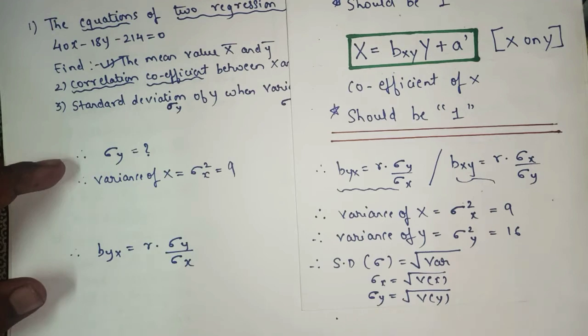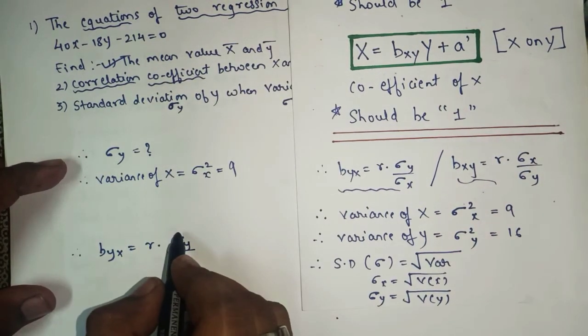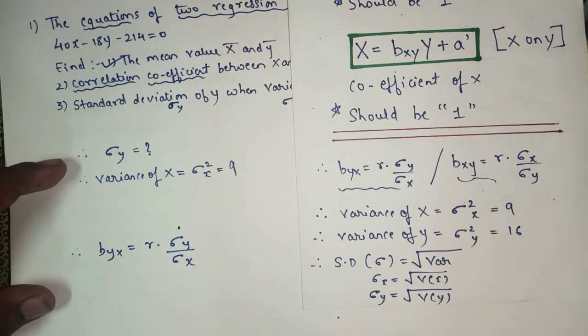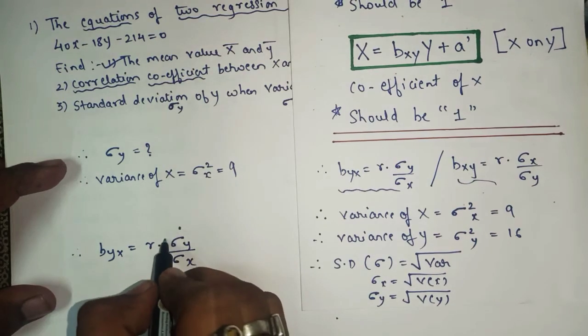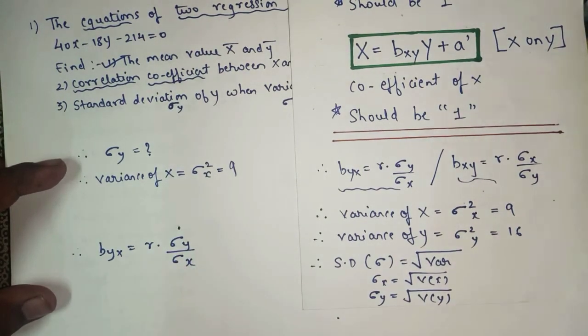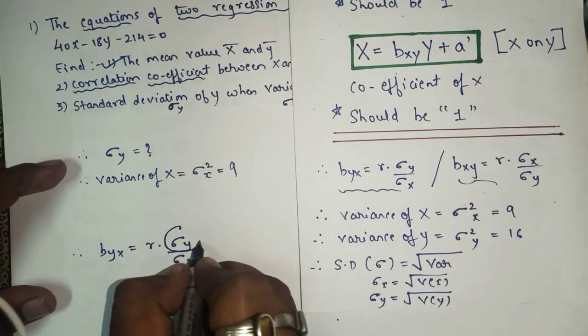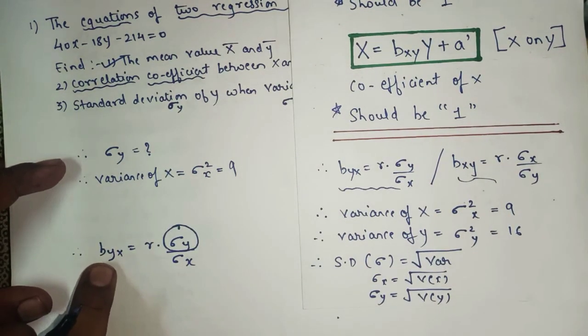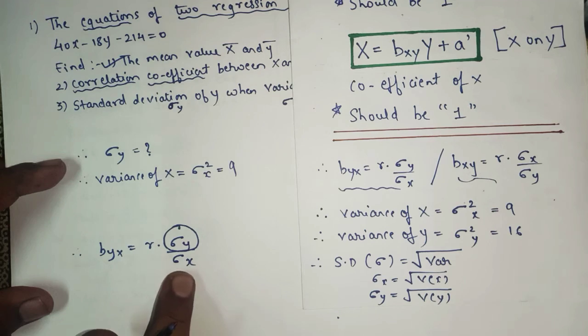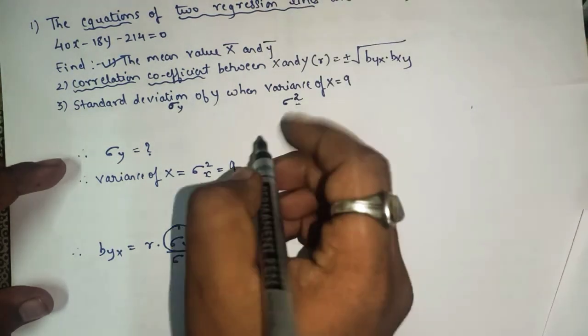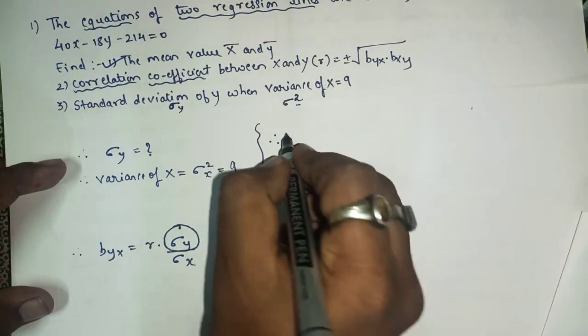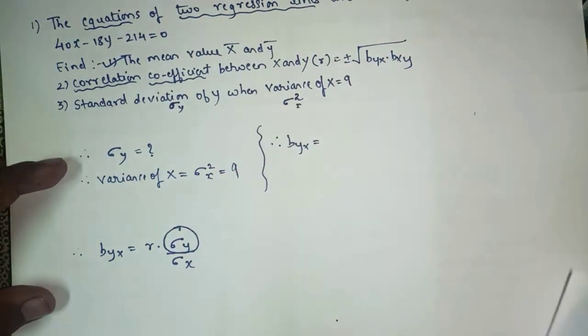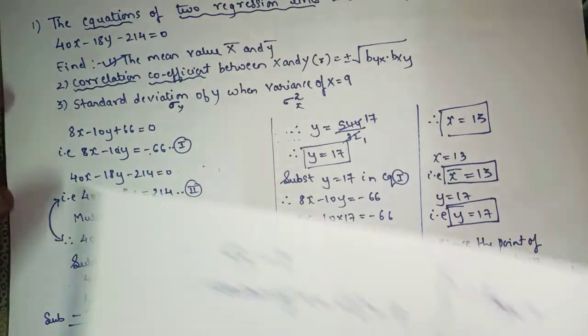So to find standard deviation of y, we require the value of byx, r, and standard deviation of x. We have the value of byx from the previous step.